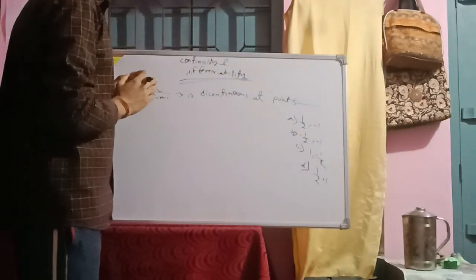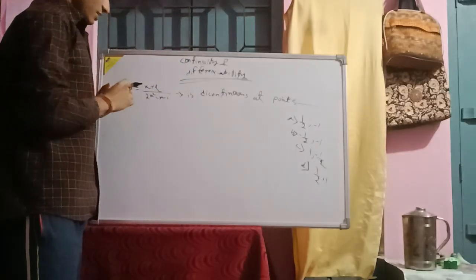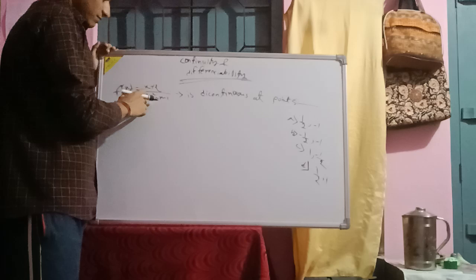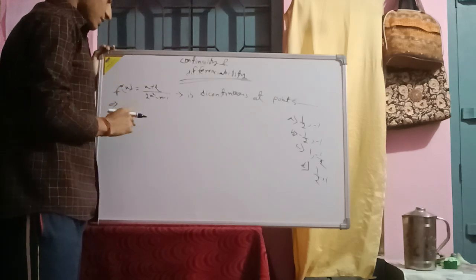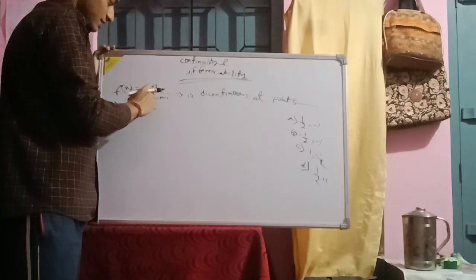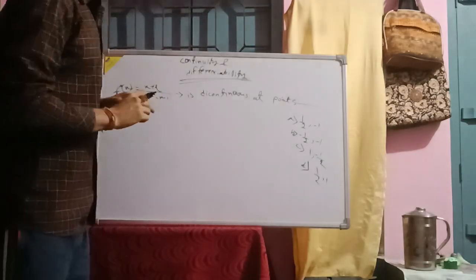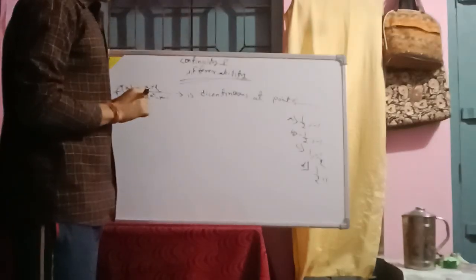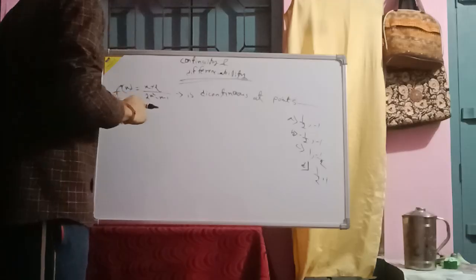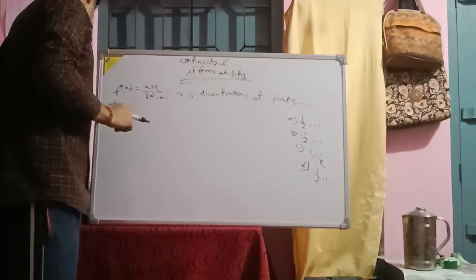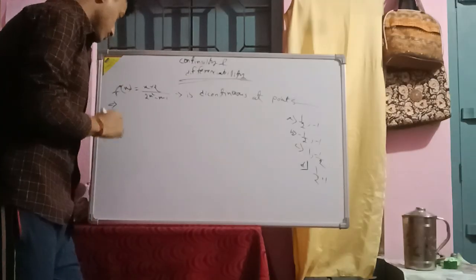The very first thing that should come to mind is that when we plug in 1 for x, we get 2 minus 2 in the denominator, that is 0. So definitely seeing if the function is discontinuous at point 1 would be helpful. That is the first thing we're going to be doing right now.